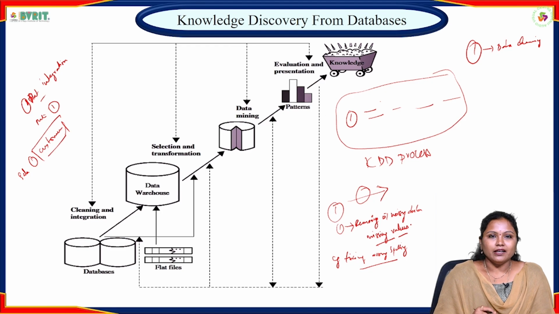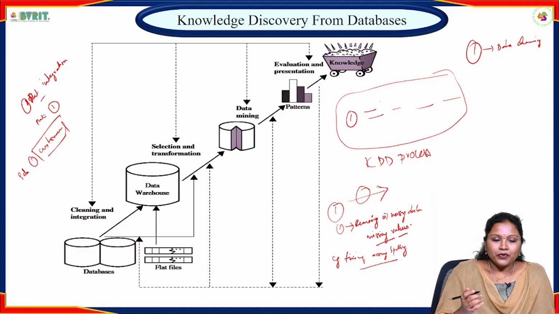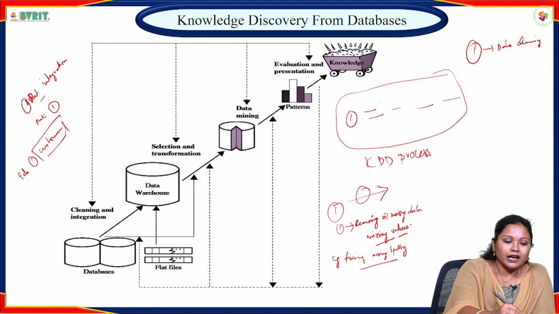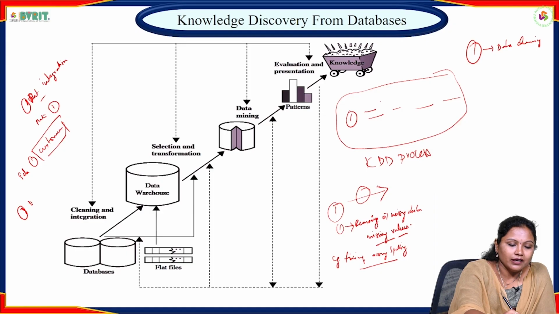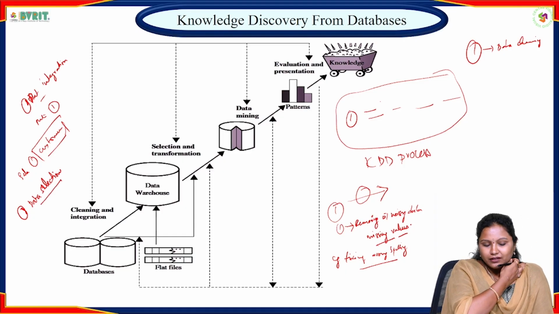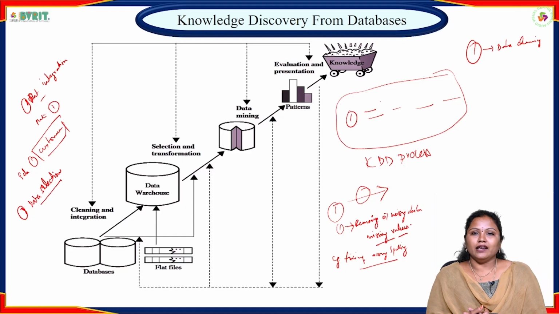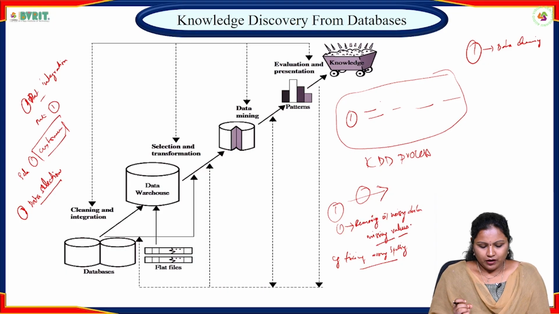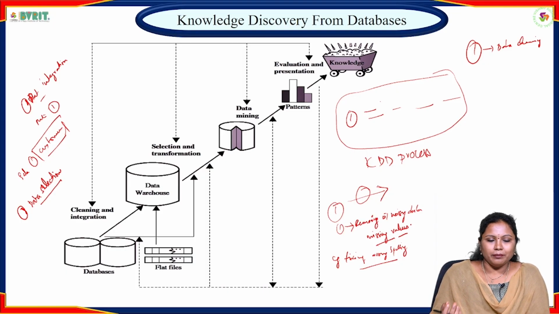And the third one is data selection. Data selection is nothing but extracting the relevant data. Here we select data like purchase history instead of all company data.